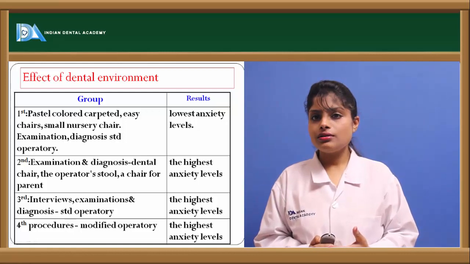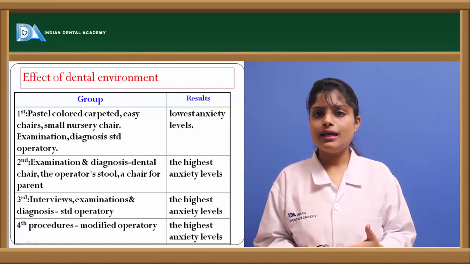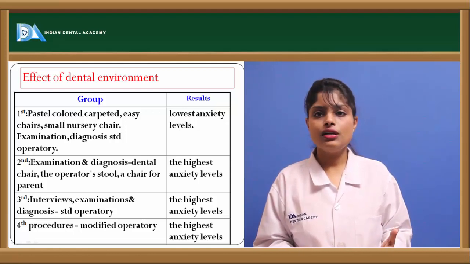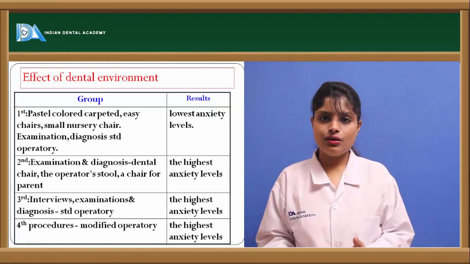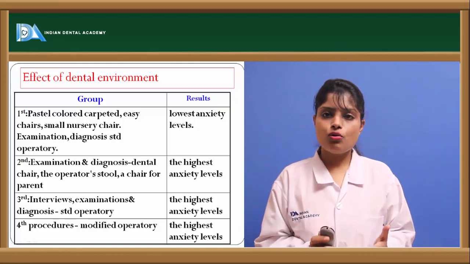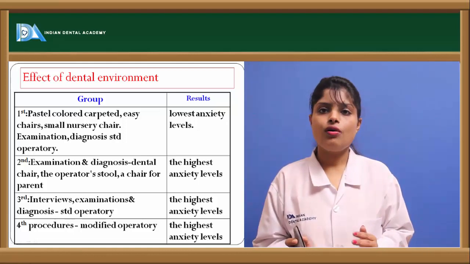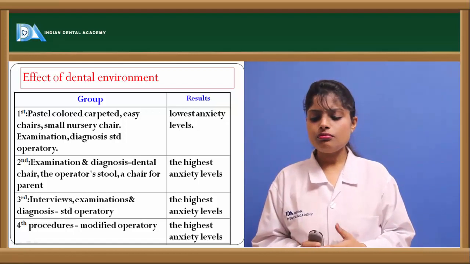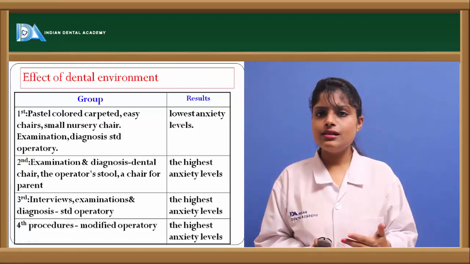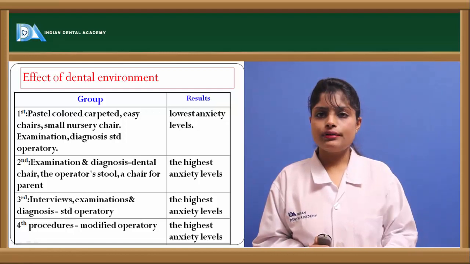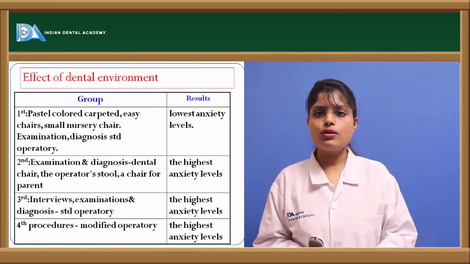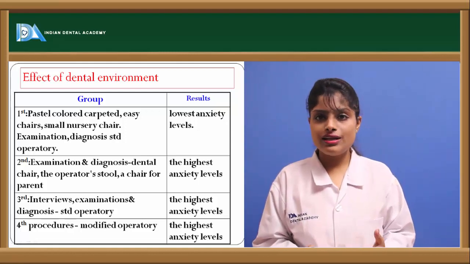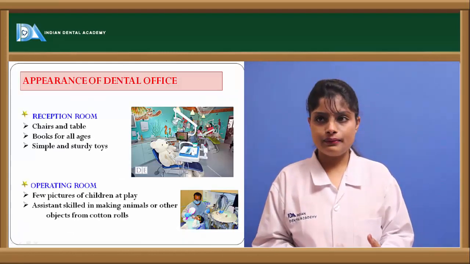Now, what should the dental operatory be accordingly? The dental operatory should be neatly maintained with dental chairs, and posters of children being treated or animals being treated around. Now, the dental personnel or the dental auxiliary should also be well behaved and meet the child with a greeting and a warm smile.